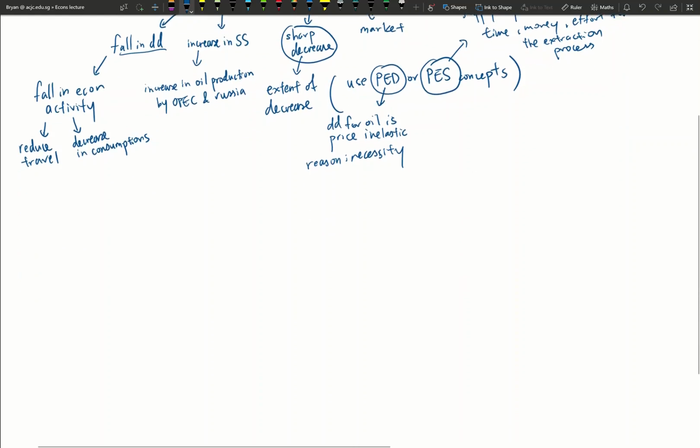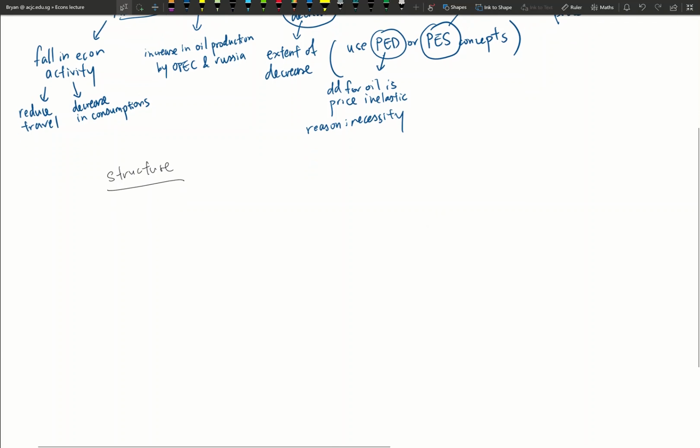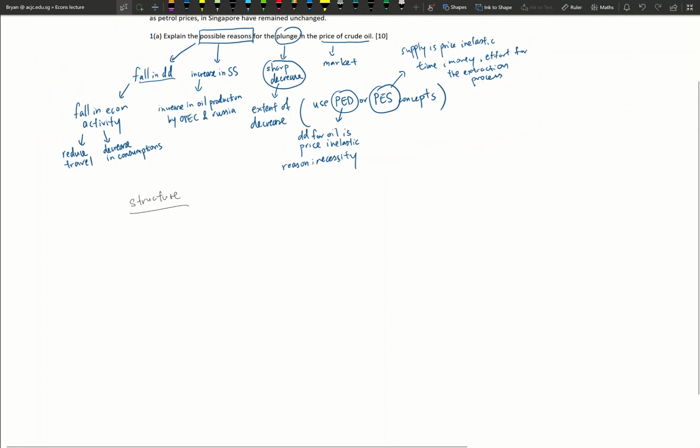So in summary, what would be an appropriate structure for this essay? But I don't think I need to spend so much time on this. It's quite straightforward. We usually start with the introduction. We give the overview of the approach that we're using. We define whatever key concepts that are needed to show our understanding about the concept that we're using.